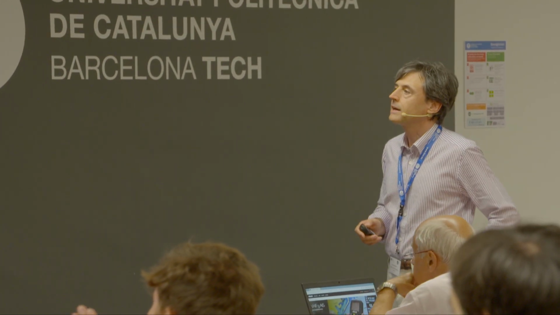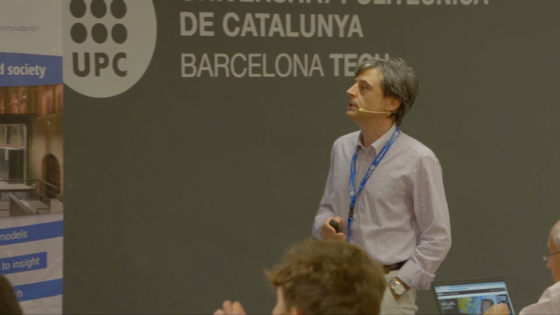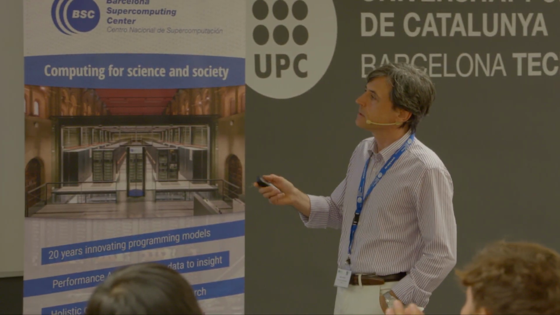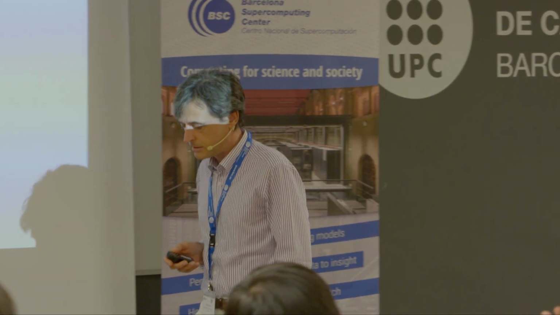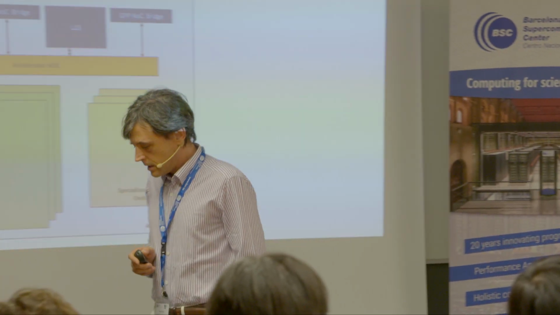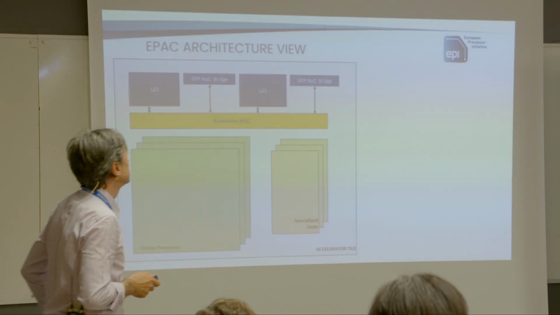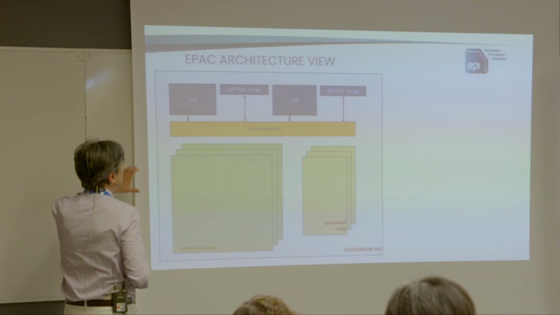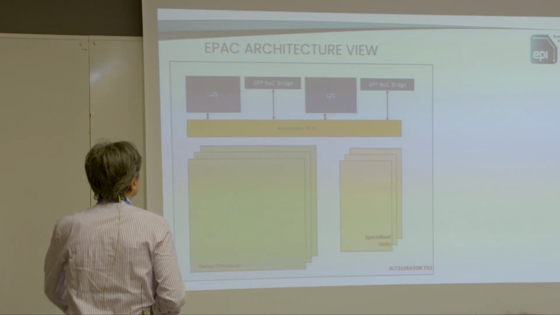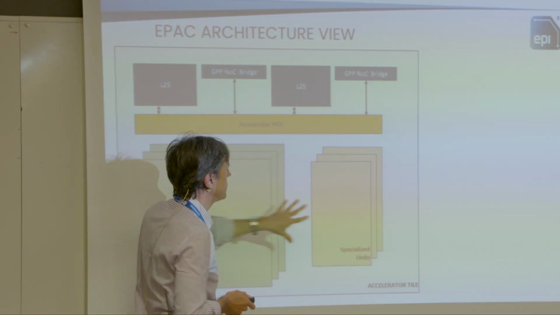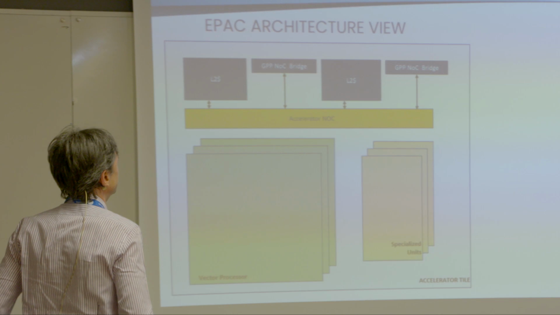So let's take a look at the microarchitecture of this EPAC accelerator. The microarchitecture of the accelerator tile is based, as you see, on a local NOC, local network on chip. You have L2 caches here, and you have the processing units on the bottom side.